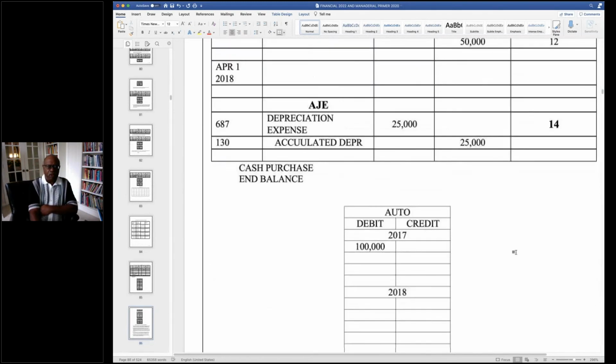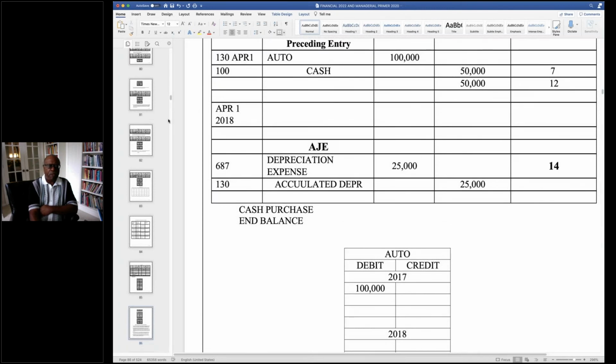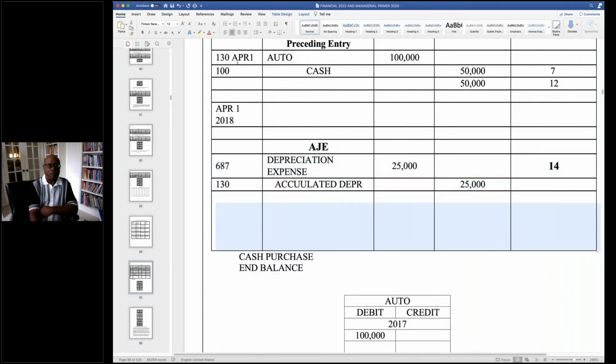If I was doing a balance sheet presentation, Holman, how would that look? So it'll be auto debited at 100,000.